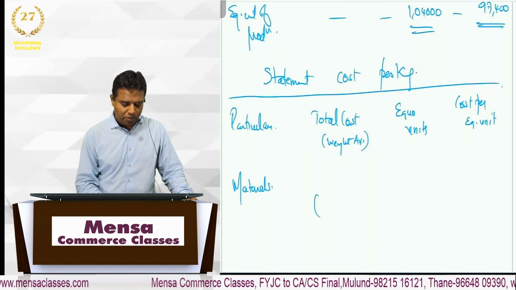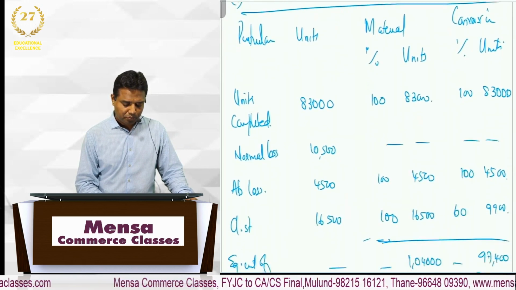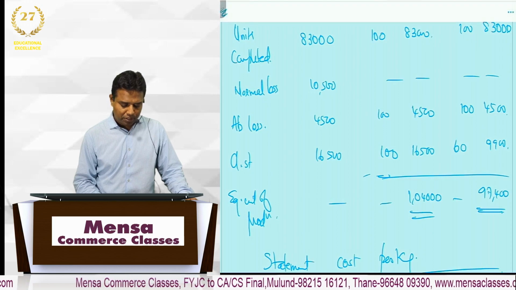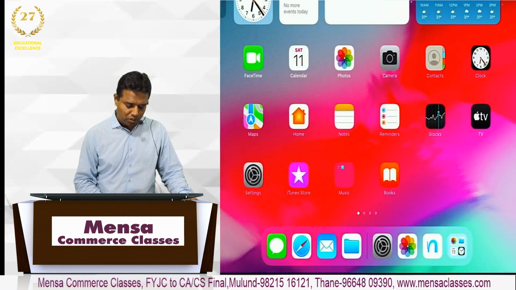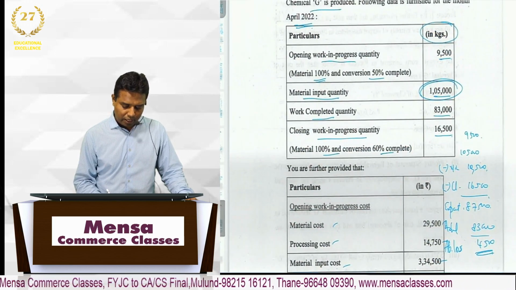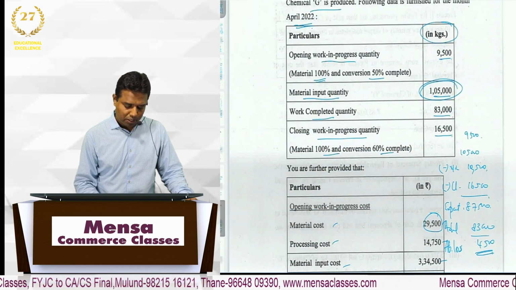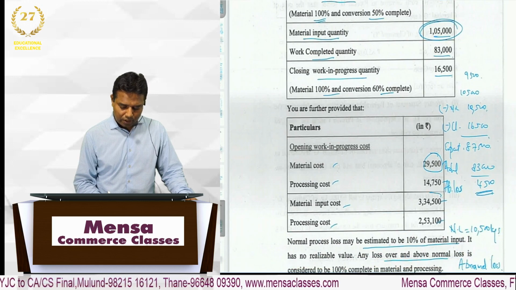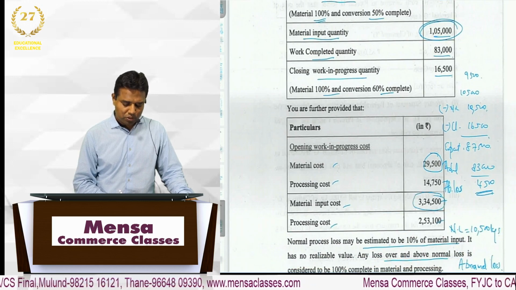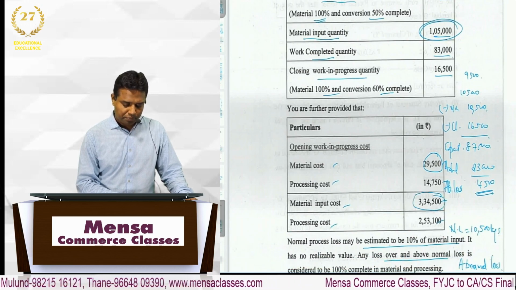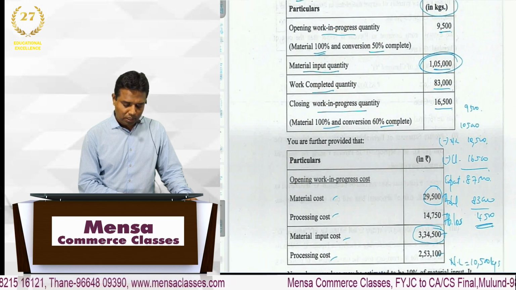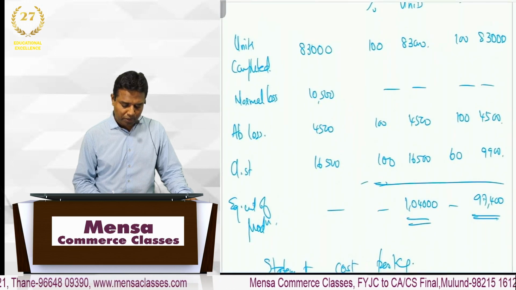So let's see how much was our opening stock in our question. If you see the opening stock value, 29,500, and how much did we input? We put in 3,34,500. This was the total cost, right? These are the two material costs since we are doing weighted average.